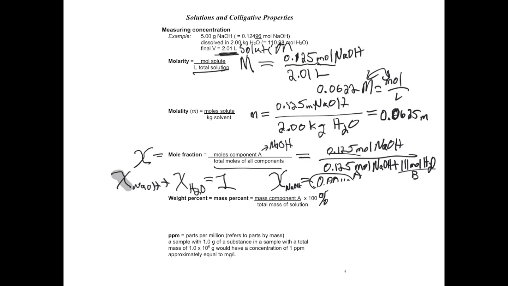I'll take my 5 grams divided by 2,000 grams of water, plus 5 grams of sodium hydroxide, because you need the total grams, times 100%.